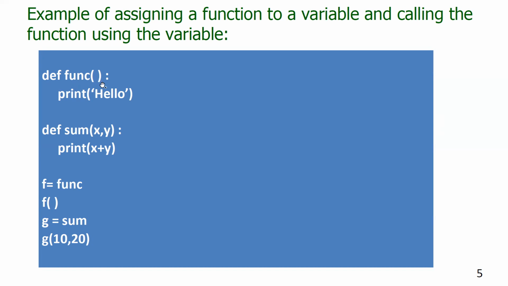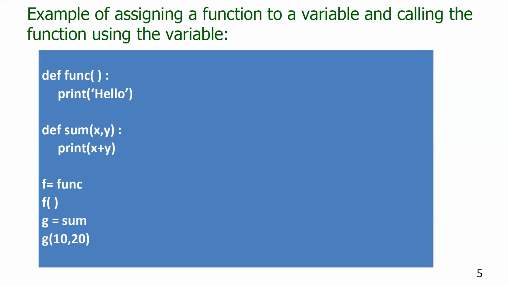In this function, we are using a simple statement. One of the statements we have used is the print statement, and we are going to print only hello. And the second function sum will take two arguments x, y, and simply we are calculating x plus y, and we are going to print the x plus y value.